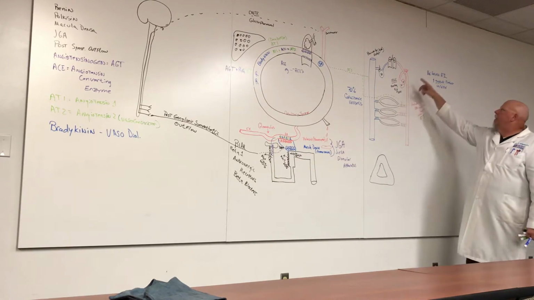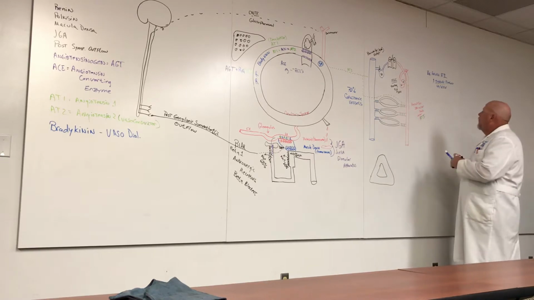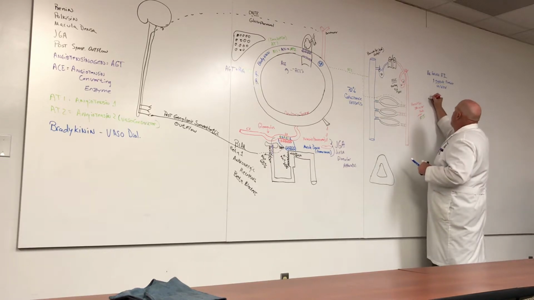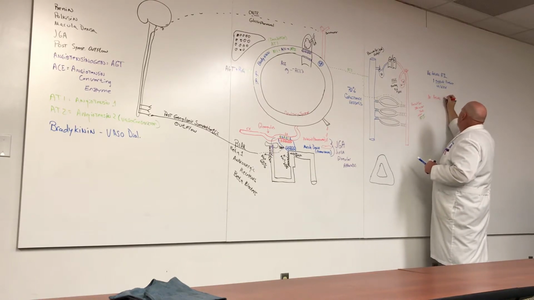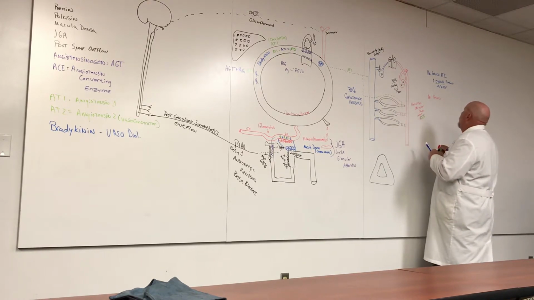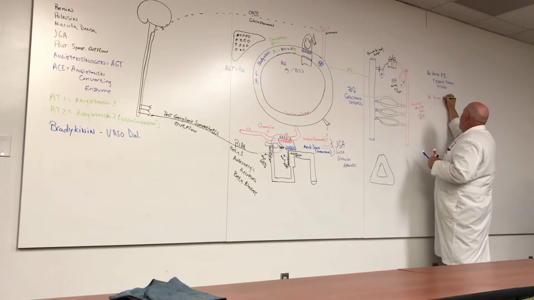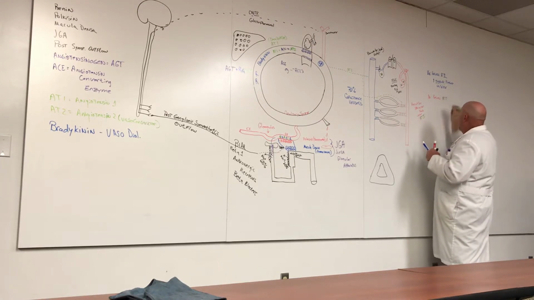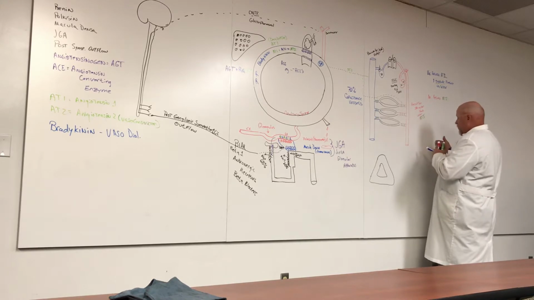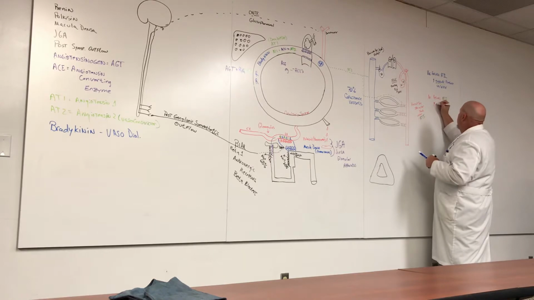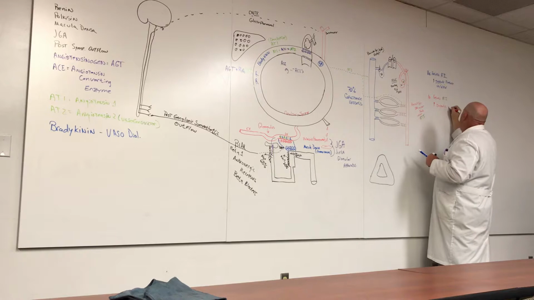So under the arterial influence, angiotensin II causes the precapillary sphincters, so an increase in diastolic pressure.